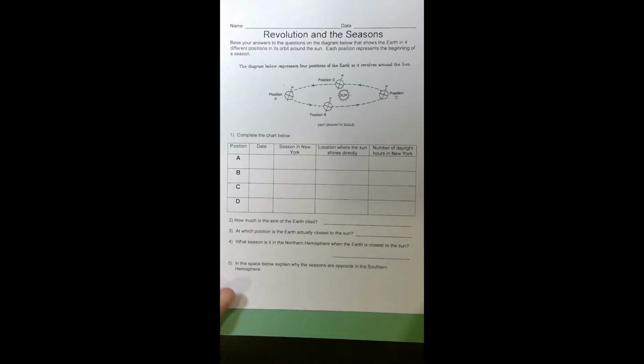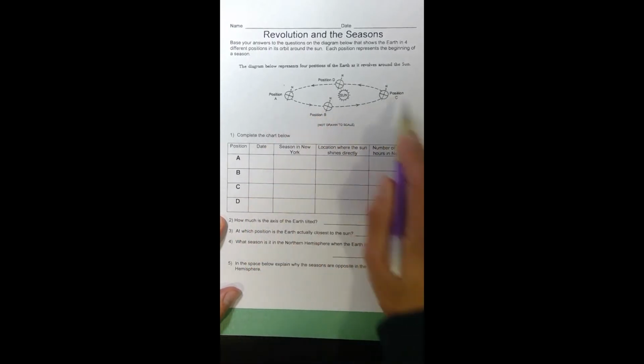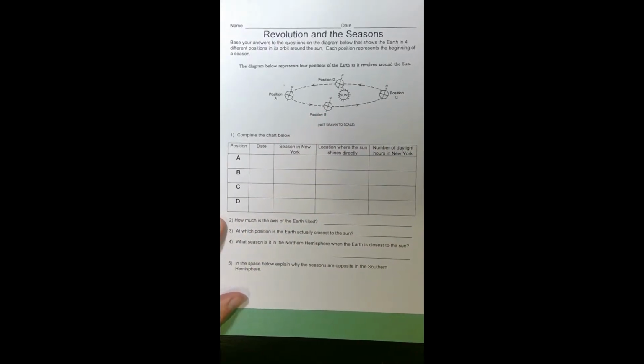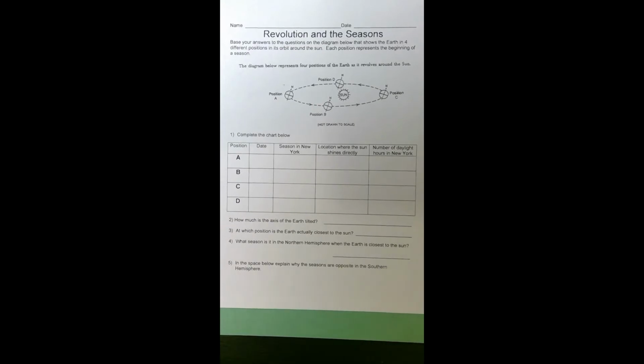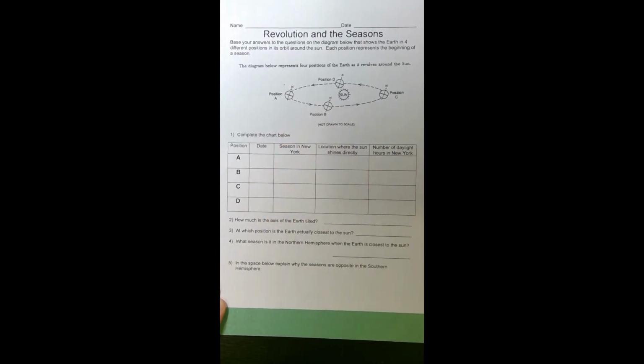Now, when we look at this diagram, A and C are the two positions that are along the long axis of this diagram. On the regents, they almost always position summer and winter at those two positions. And what you have to ask yourself is, at which position is the North Pole tilted towards the sun's rays, and at which position is the North Pole tilted or inclined away from the sun?